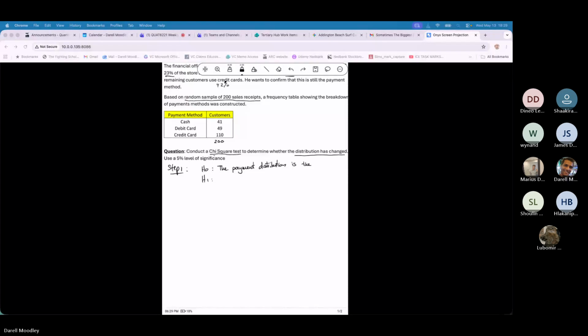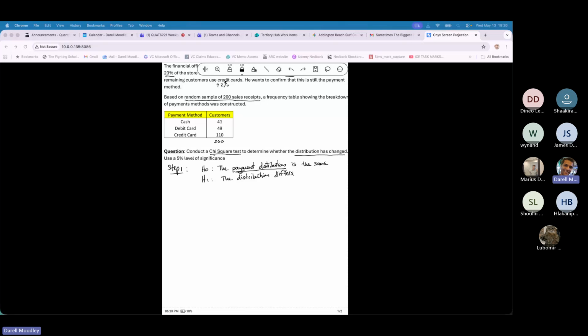For H1, if you already mentioned payment distribution in H0, you don't need to say it again. You just need to say the distribution differs, or has changed, whatever works for you. But essentially, that's what you need to say. All right, so that's your H0 and your H1.